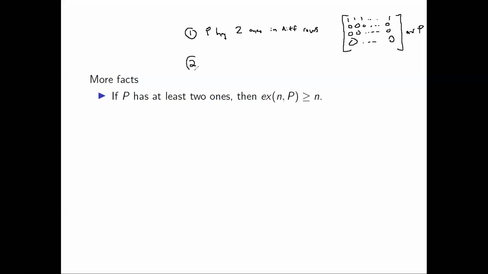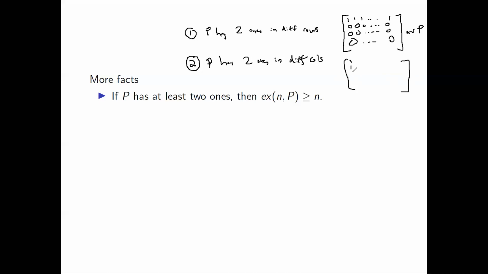Case 2 will be anything that's not covered by case 1. So we know that P has at least two ones. If P does not have two ones in different rows, it must have two ones in different columns. So that's case 2. P has two ones in different columns. And in that case, we can consider a different n by n 0,1 matrix.